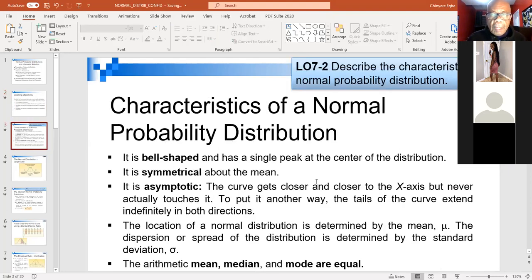All right. Now, the normal distribution, what does it look like?